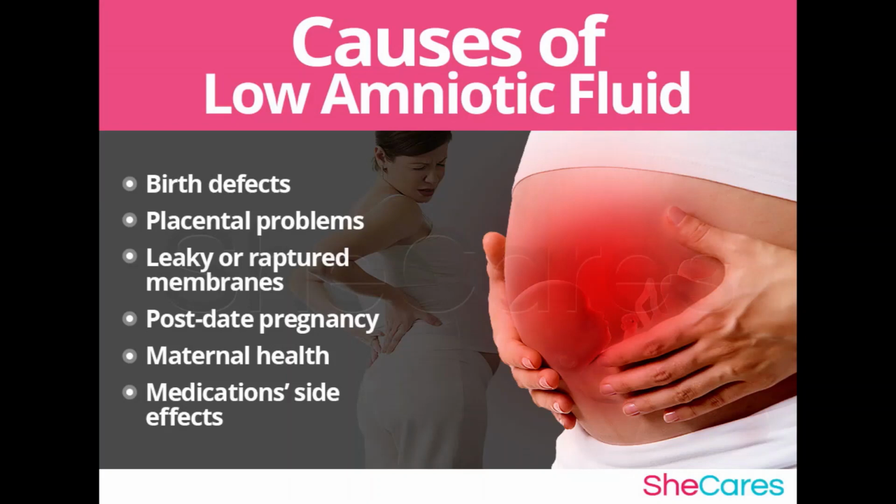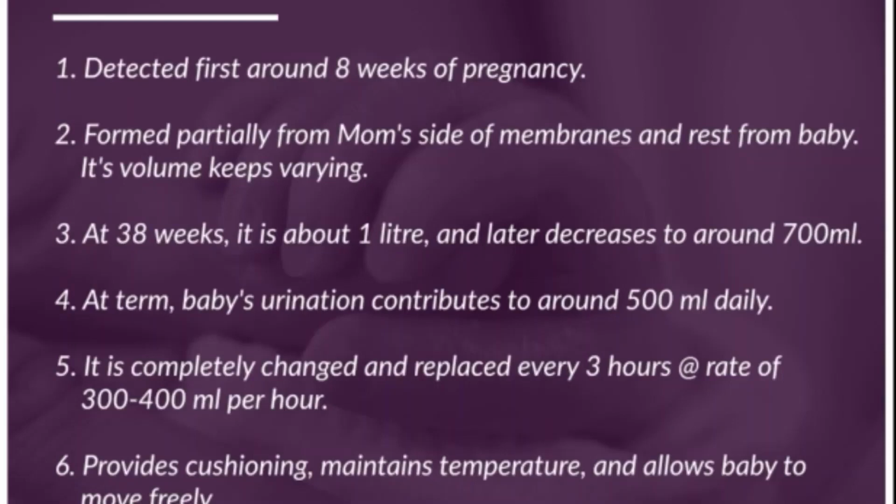A full-term pregnancy is one that lasts 39 to 41 weeks. Birth defects, especially ones that affect the baby's kidneys and urinary tract. As you know, the amniotic fluid in the initial stages comes from the mother, the water from the mother. But after about the 20th week, this amniotic fluid comes mostly from the baby's urine.